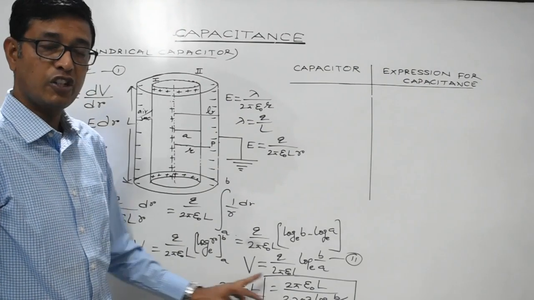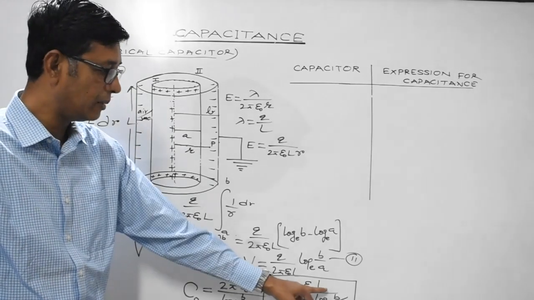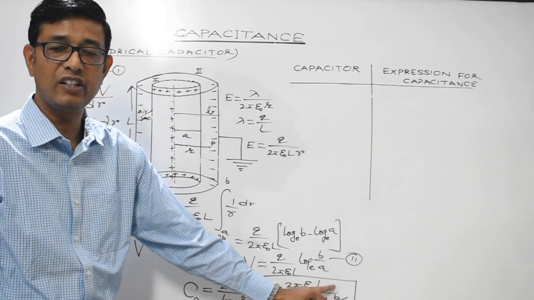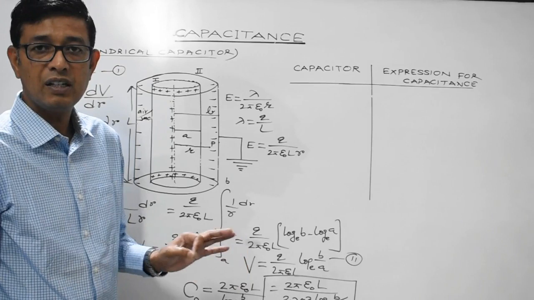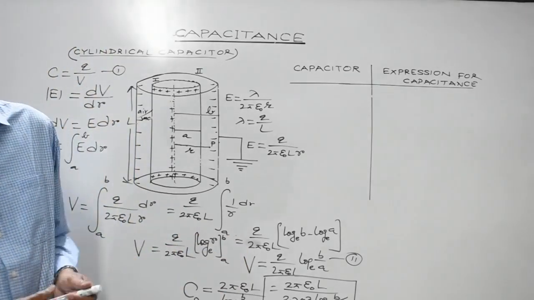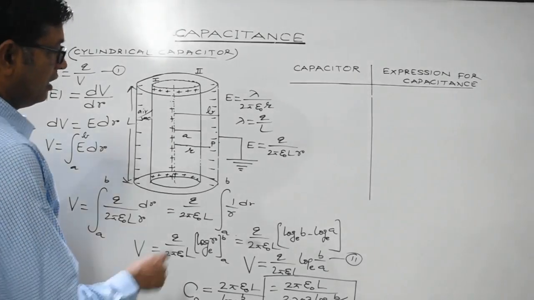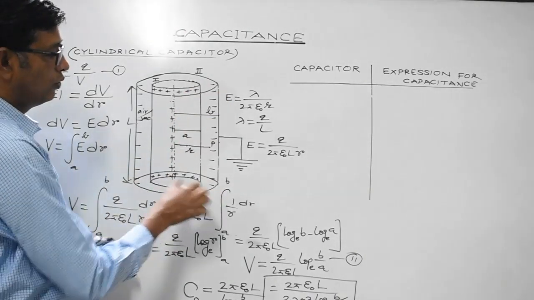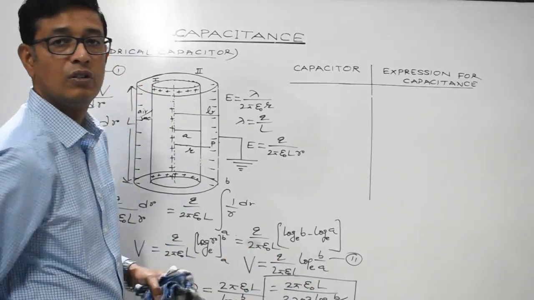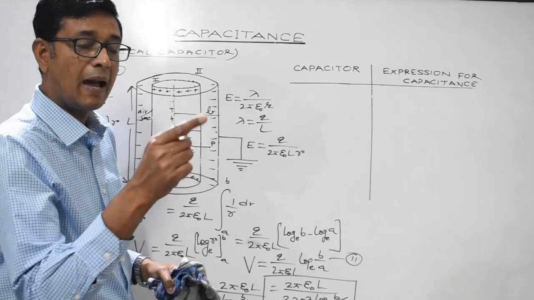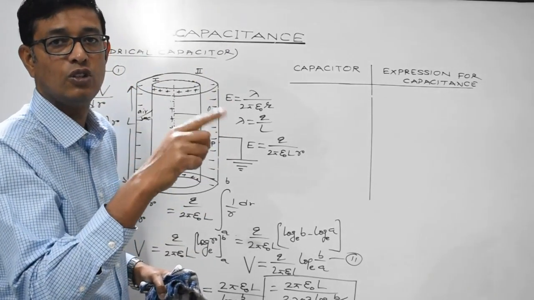So you can easily judge from this particular expression that the capacitance, again, is depending upon the length, and it is depending upon the radius of the cylindrical shells. So what I mean to say is that it does depend upon the dimensions of the conductor under consideration. Also, in case the space between the two cylindrical shells is filled with some medium, then epsilon naught will get replaced by epsilon, which further may be replaced by K times epsilon naught.